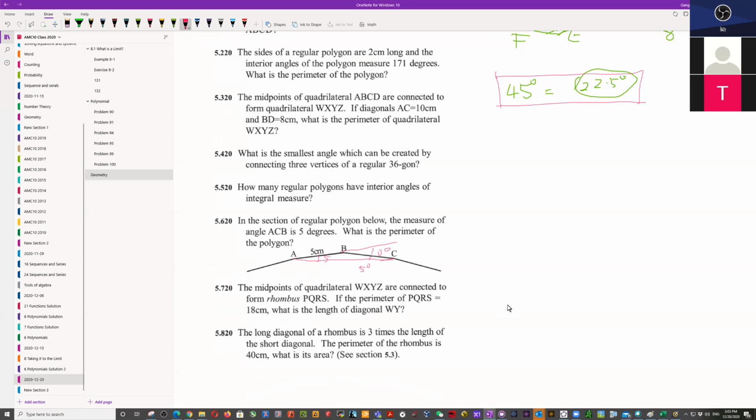When I know the exterior angle is 10, and I know the total of the exterior angles is 360, I know it's 36 sides. It's asking for the perimeter of the polygon. So 36 multiplied by 5 is actually equal to 180. So the perimeter of this polygon is 180. So you can do this really fast.